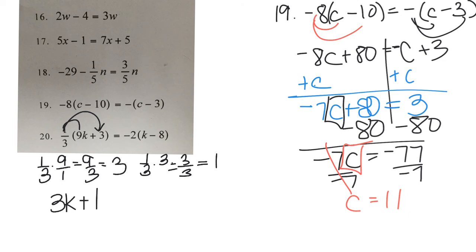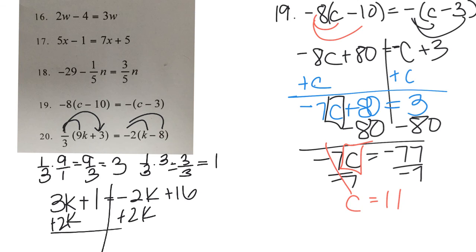So plus 1, and then distribute the negative 2, negative 2k plus 16. And I'm going to add 2k. I'm going to have to move over here for some room. 5k plus 1 equals 16. We're working on getting k by itself.